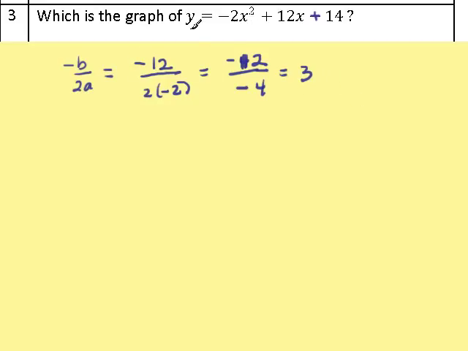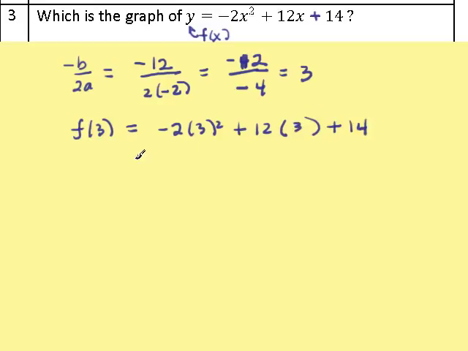Now let's substitute 3 in. Let's say if we call this f of x. Okay, let's look at f of 3. All right, and we have minus 2 times 9 plus 36 plus 14. That's negative 18 plus 36 plus 14.